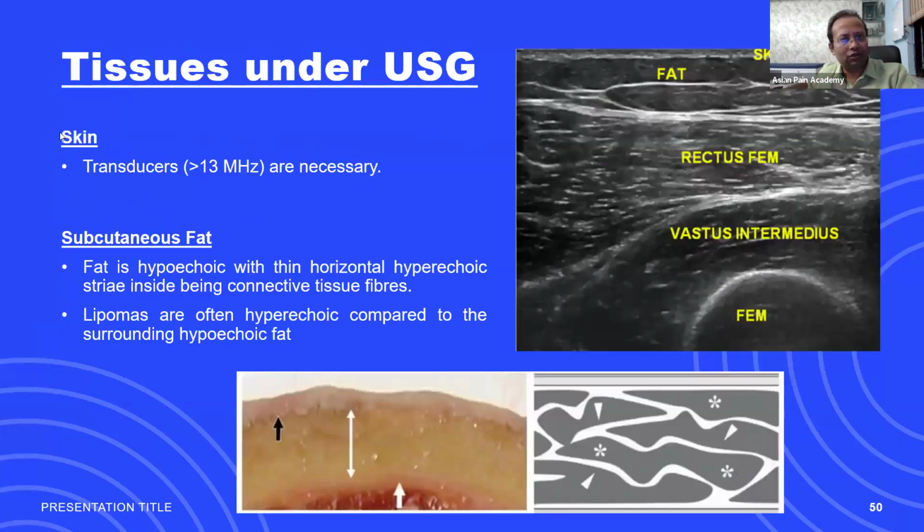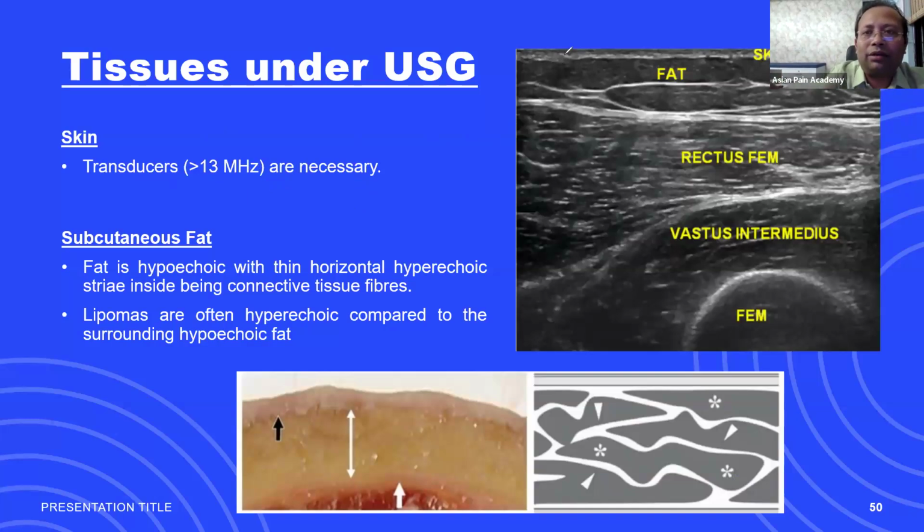Tissues under USG. For seeing skin in ultrasound, transducers of more than 13 megahertz are necessary. But with our probe, you will see skin as a hyperechoic structure. This part is skin.